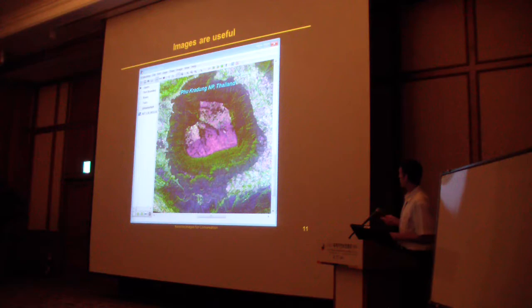This is really an interesting image. What this is, you can probably guess where the park boundary is, because that's where the forest ends. This is deciduous tropical forest with a plateau on the top that's a pine savanna.